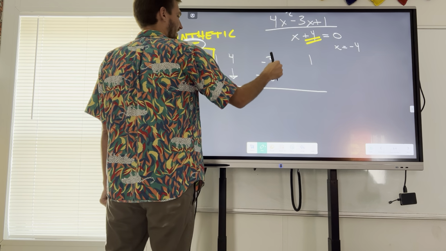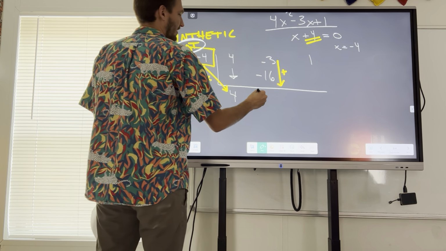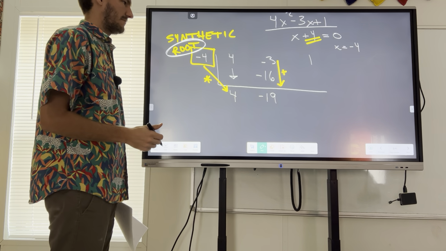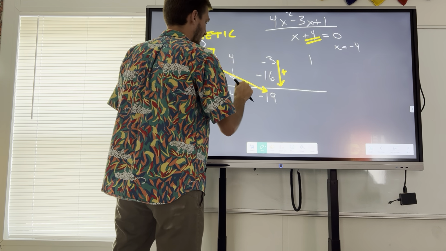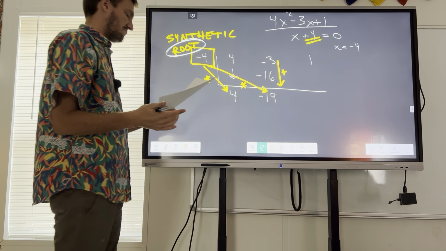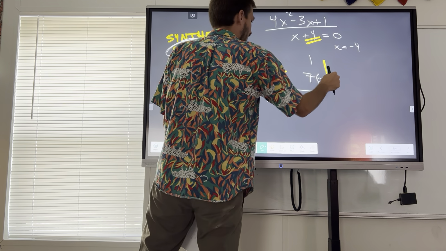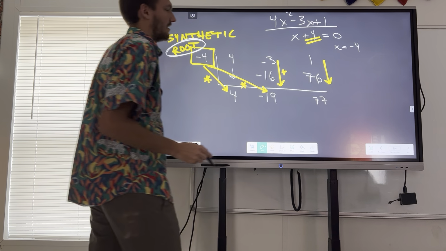Step number 2 is then to add these two numbers to get -19. Then you go back diagonally again and multiply. Now this is going to be a big number, 76, and then back here again, you're going to add.